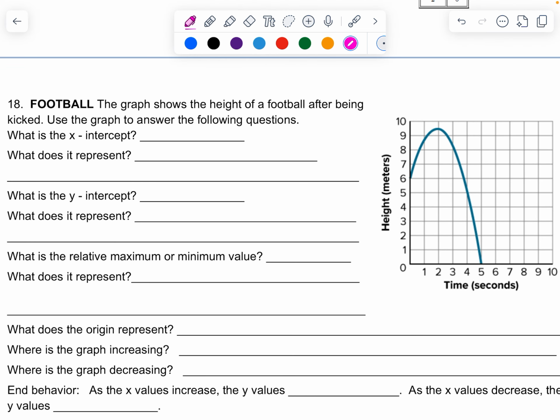Okay. Football after being kicked. What is the x-intercept? The x-intercept is 5, 0 at 5 seconds. The ball is on the ground.